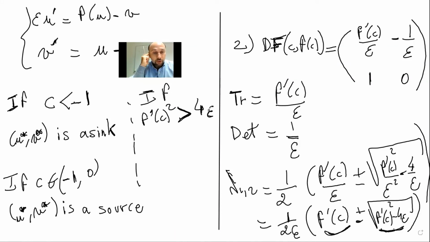Okay, so it will be a stable node if c is less than -1, and this is true, and this will be an unstable node if c is greater than -1, and if this is true.